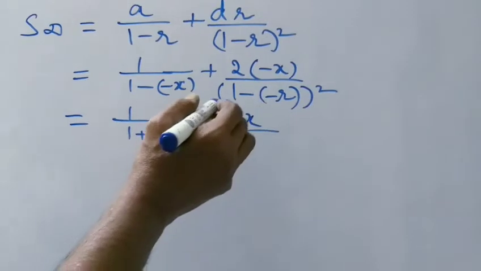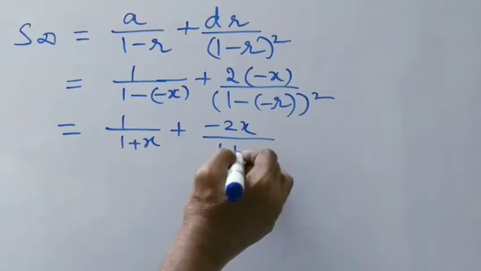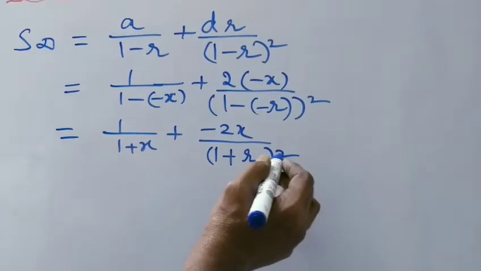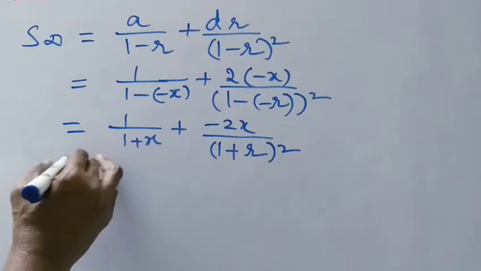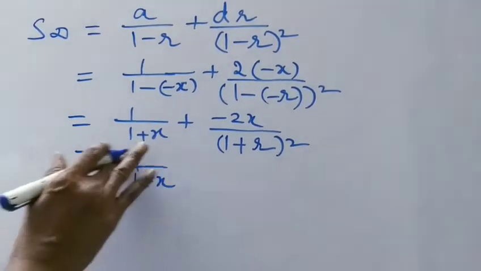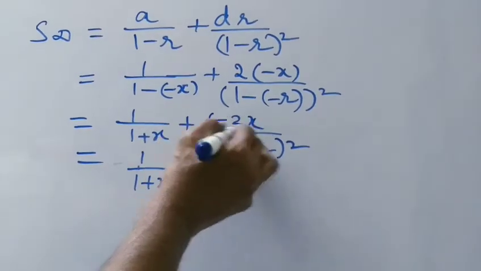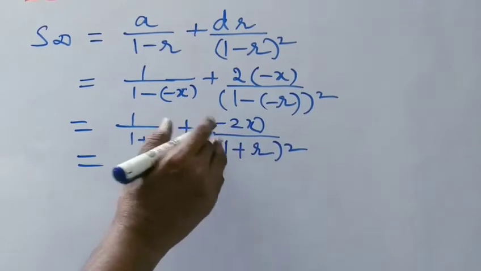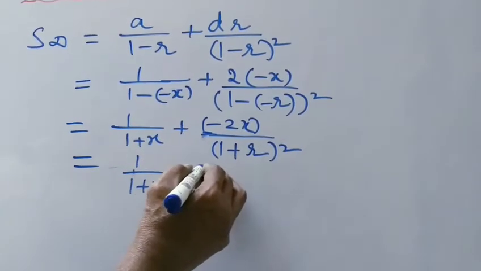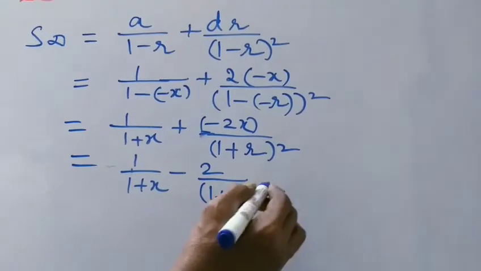Here in this, minus into minus is plus, so 1 plus x whole square. So 1 by 1 plus x plus, minus 2x by (1 plus x) whole square.